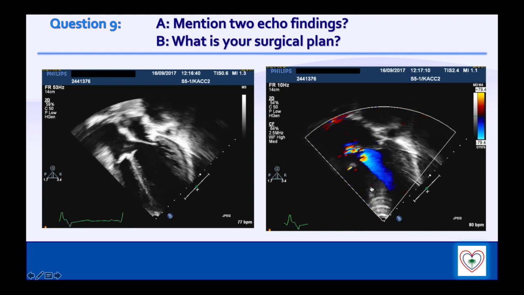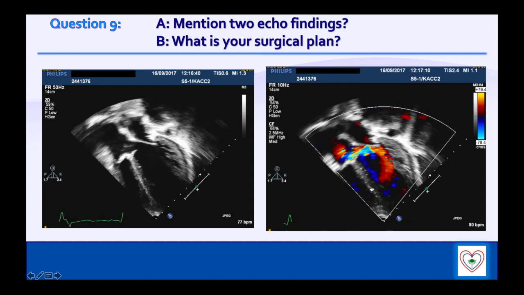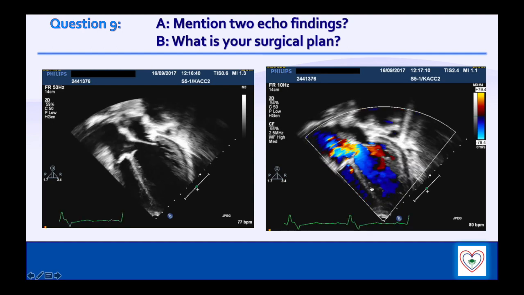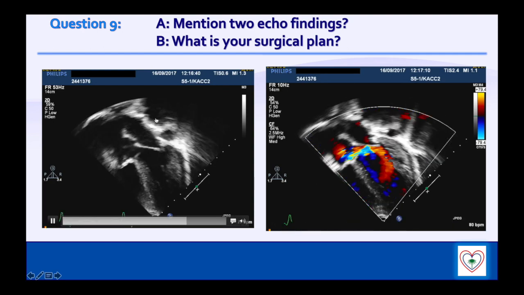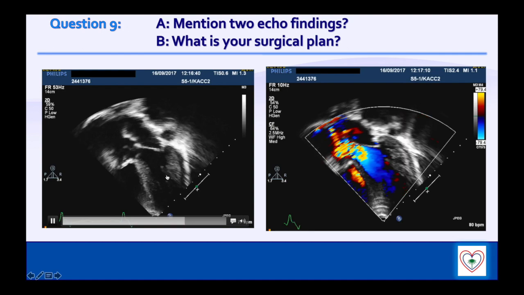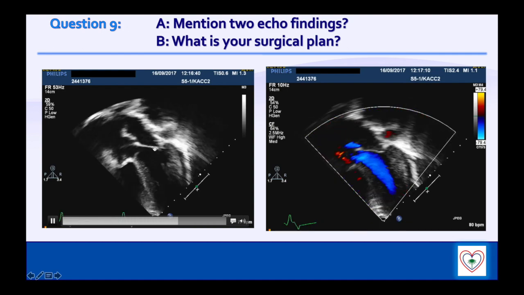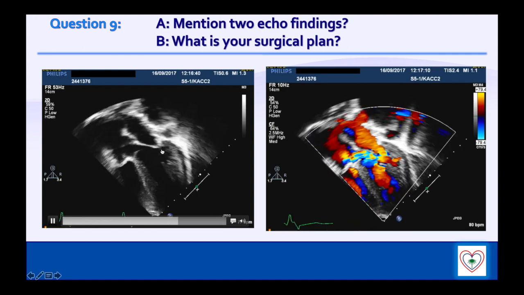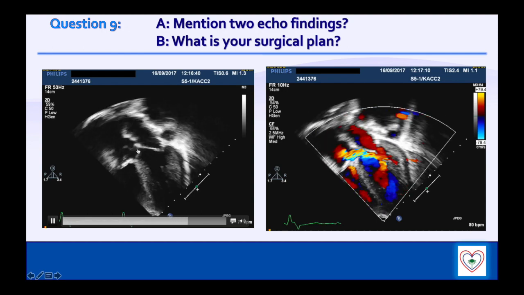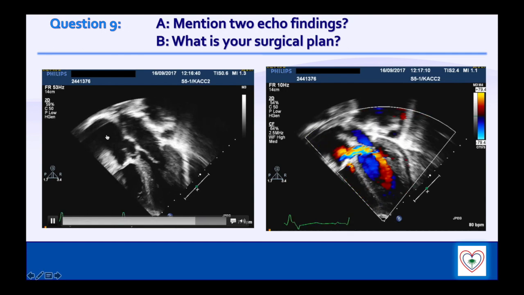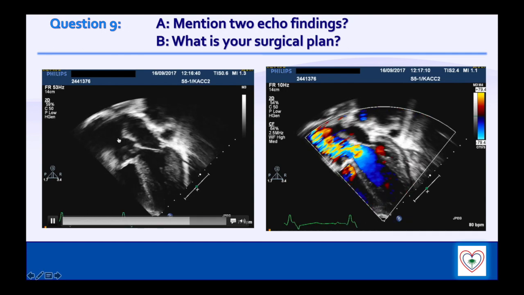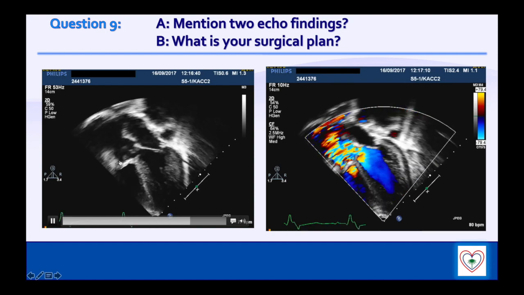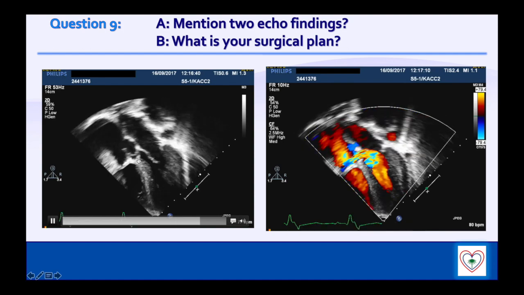Mention two important echo findings and what's your surgical plan. Two important echo findings. From this view, this is the apical four-chamber view in which you can see the left atrium, left ventricle, and this is the mitral valve. This is the LVOT. You can see that there is overriding of the aorta to the interventricular septum.